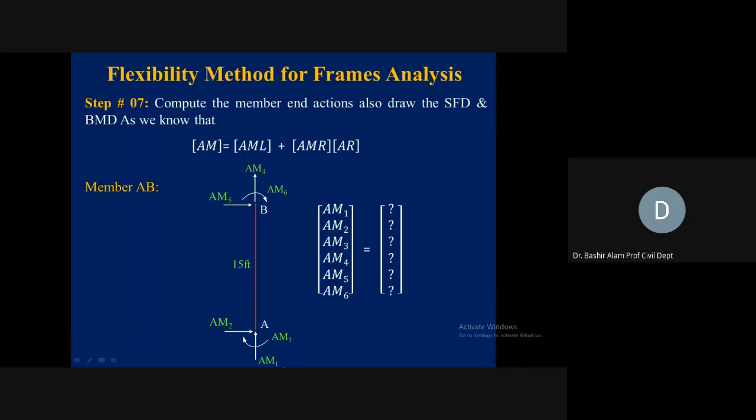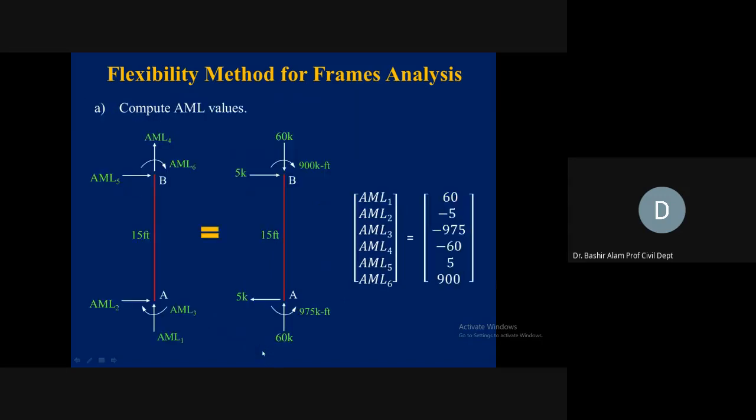And still you will be remembering that the vertical was upward 60, horizontal was leftward 5 kip, and the moment was 975. So here you can see that situation, 65, 975, and this joint B also be analyzed.